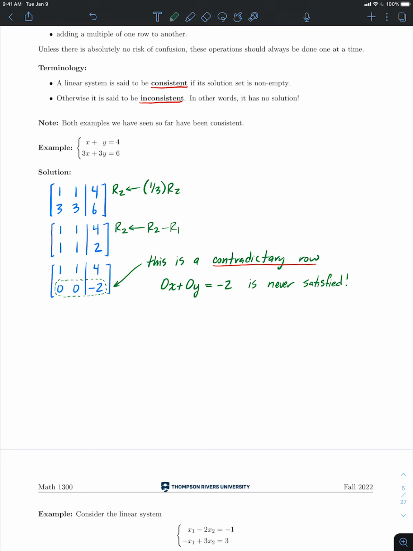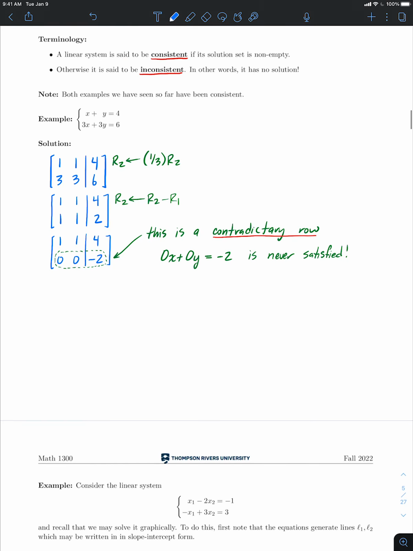Okay, so if one of the equations in your linear system can never be satisfied, well, then it's certainly going to be impossible to find a way to satisfy all the linear equations at once. So whenever you run into this situation, you can immediately stop and with 100% confidence say that the system has no solution. So the system has no solution.